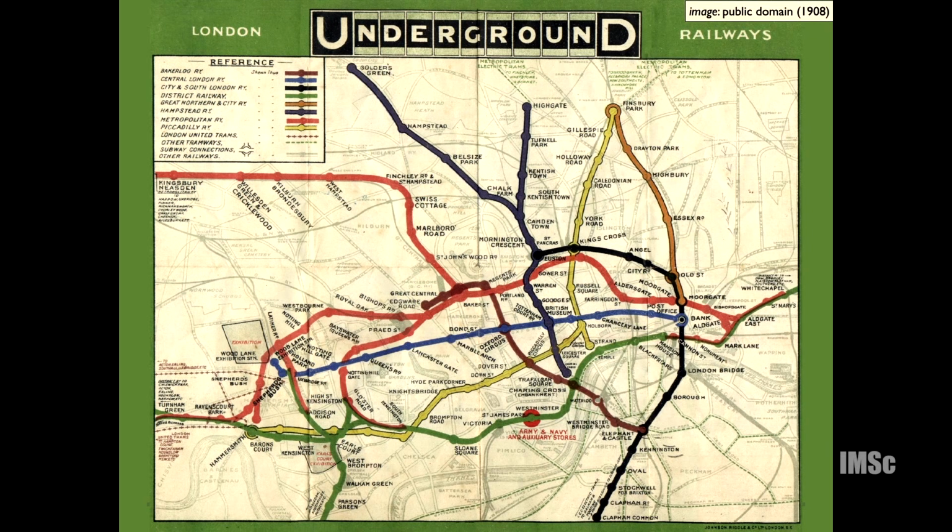And if you think about it, this is also an abstraction of reality. This is just an artist's representation of the expected paths going from place to place and so on. So in some sense, it's an abstraction of an abstraction.